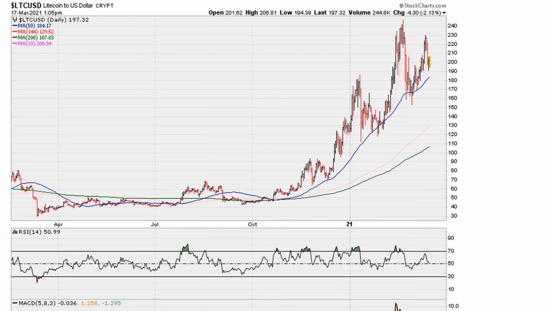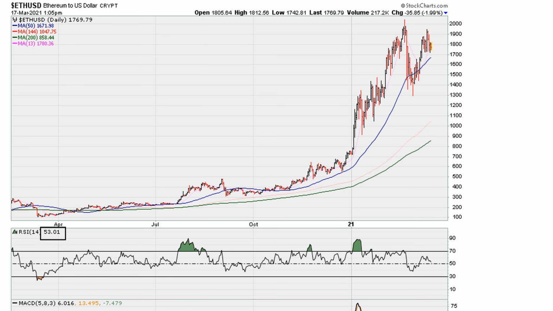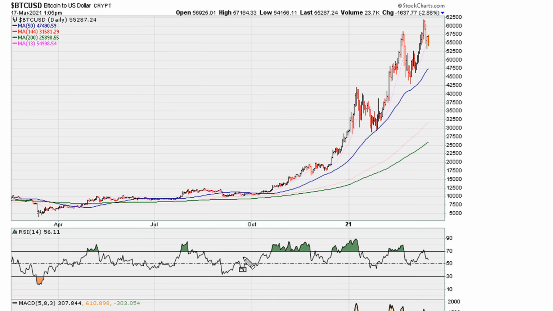Now here, I'm going to be discussing the cascading method. Litecoin is trading at about 51 on its RSI, and this is the daily. So daily RSI value 51. If you take a look at Ethereum, its RSI is at 53. And if you take a look at Bitcoin, its RSI on the daily is at 56.